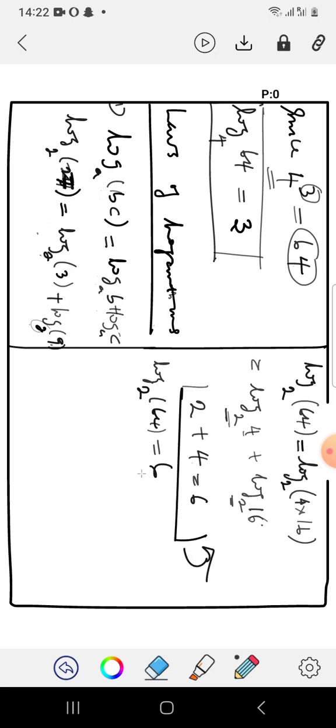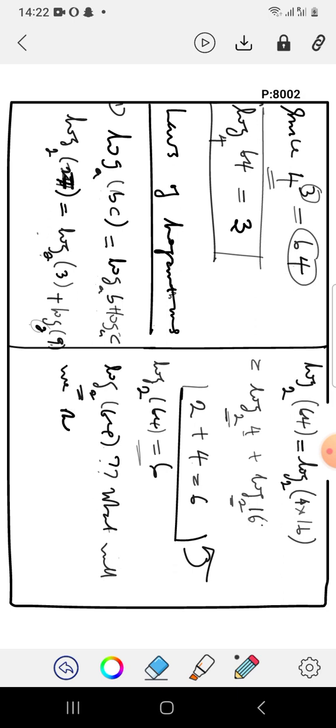Now let's check if it is true. What is actually log 2 64? That is, what power will we raise 2 to give us 64?